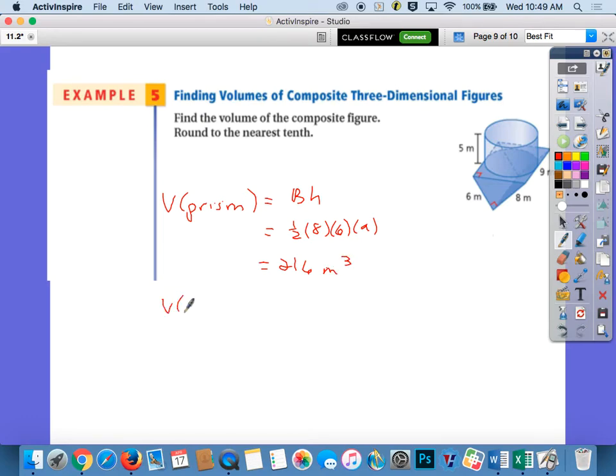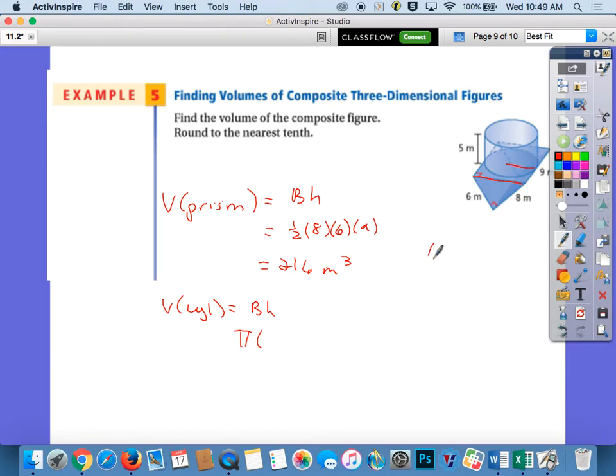All right, the volume of my cylinder, of course, is going to be area of the base times height. So pi r squared. Oh, I hit a roadblock here. What's my radius going to be? Well, I can use my Pythagorean theorem, and then I can just cut it in half.